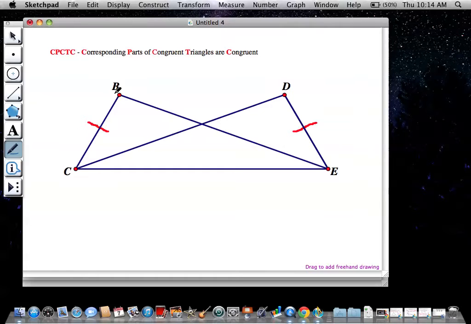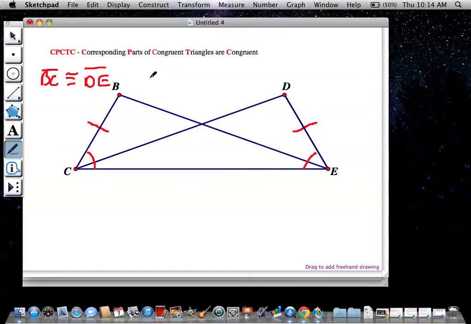So if I look here, I'm told that segment BC is congruent to segment DE, and also angle BCE is congruent to angle DEC.